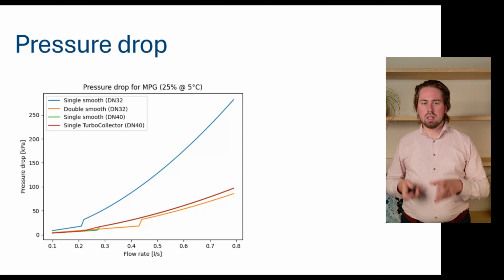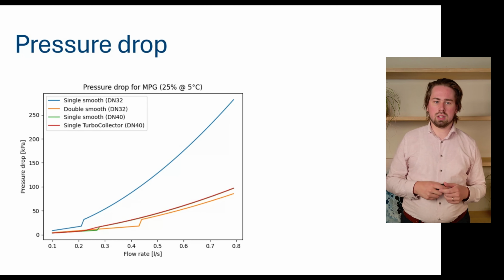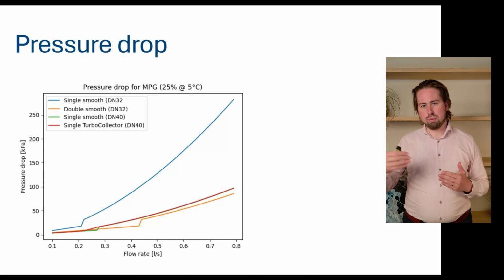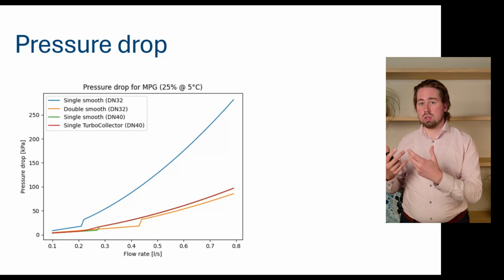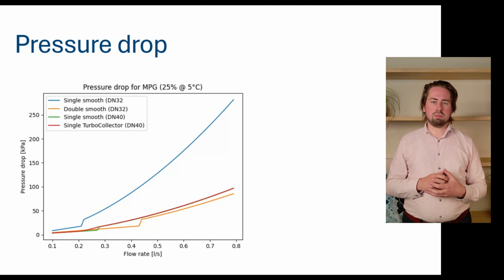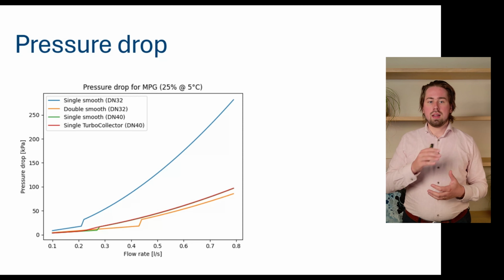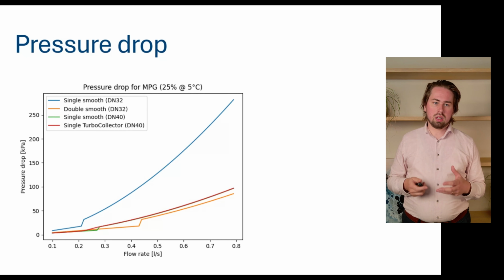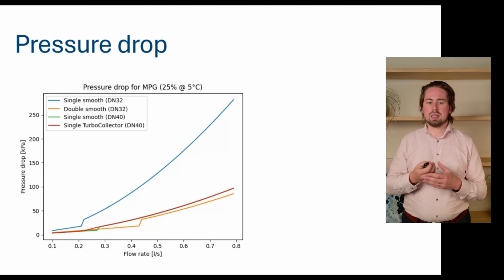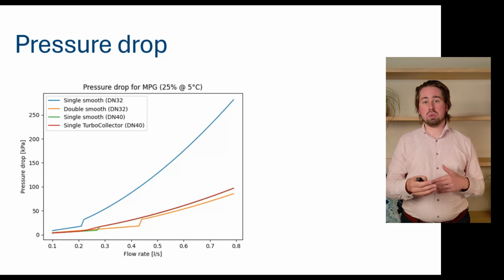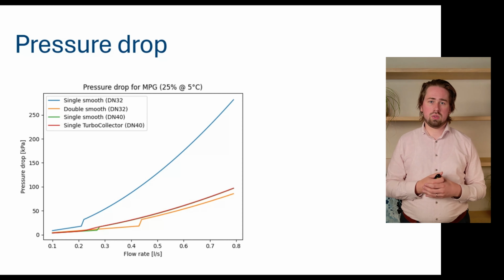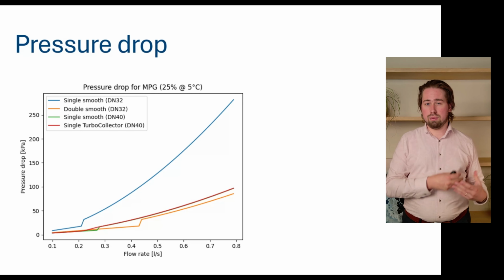And also here, the single smooth and the single TurboCollector behave more or less the same, except for this region in which the TurboCollector is already turbulent, but the other probe is not. And then you also see that the double smooth pipe has a slightly lower pressure drop, especially in this turbulent region, and in the laminar region, both the single smooth and TurboCollector have the better pressure drop.